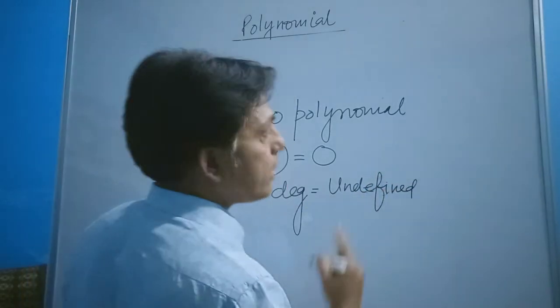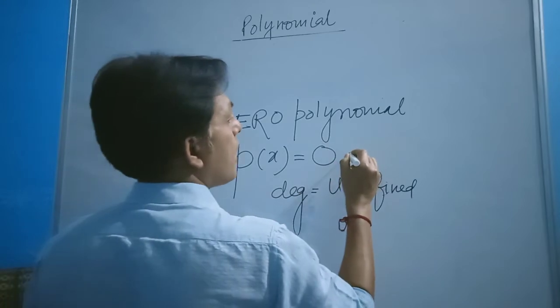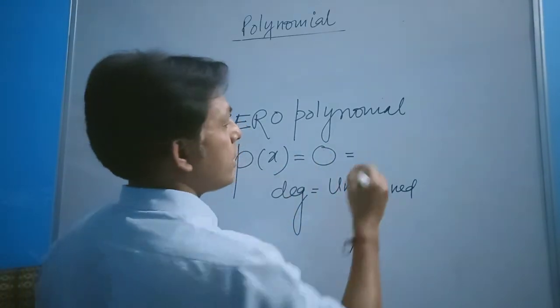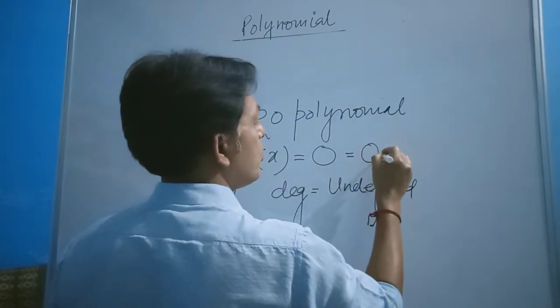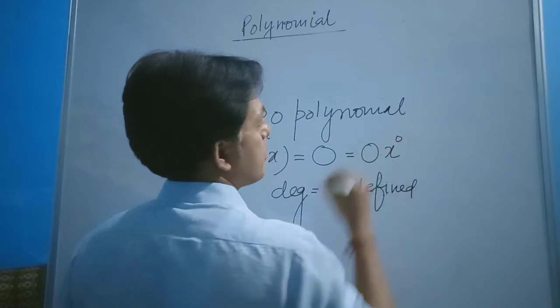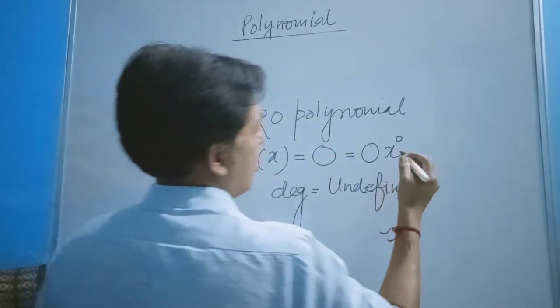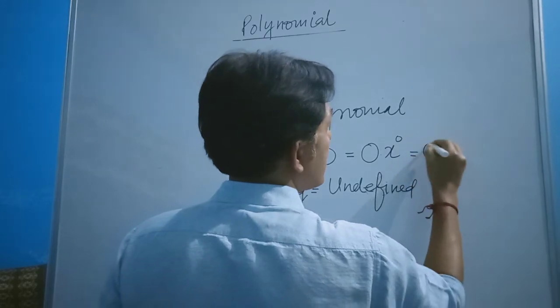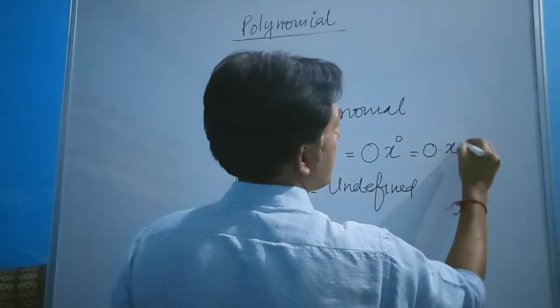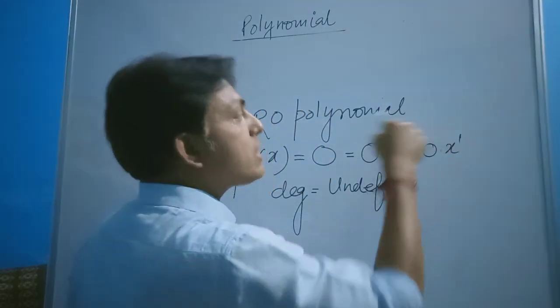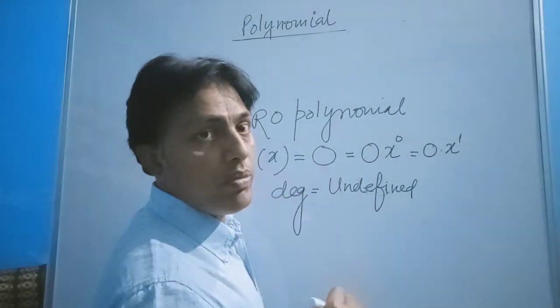Why is it undefined? Reason. See, I am rewriting 0 as 0 times x to the power 0. According to this, degree should be 0. Or we may write 0 times x to the power 1. According to this representation, degree will be 1.